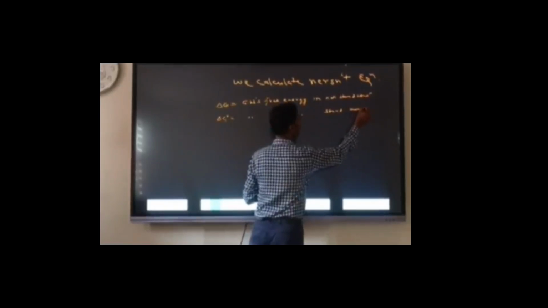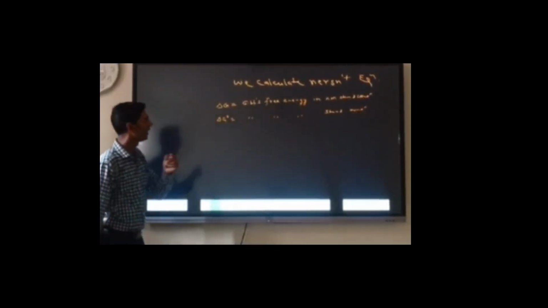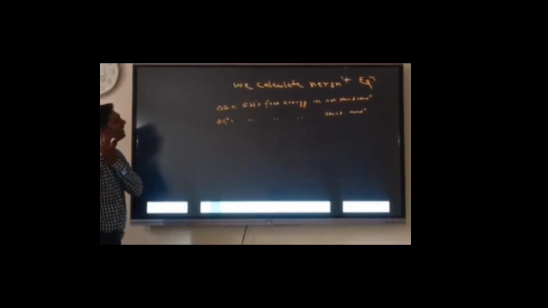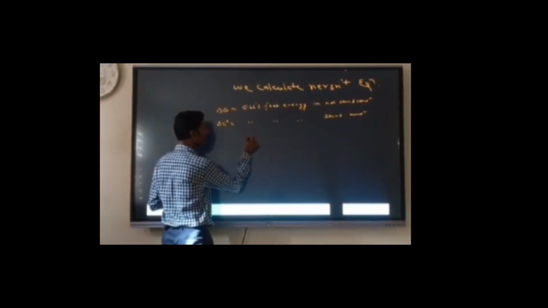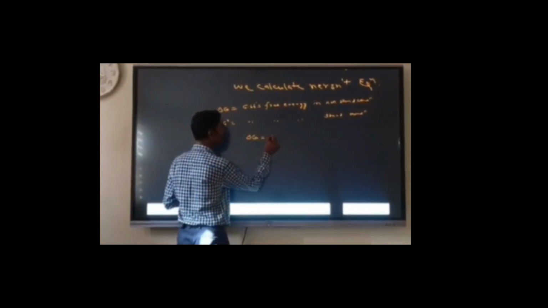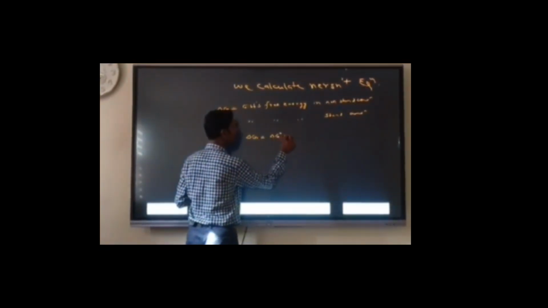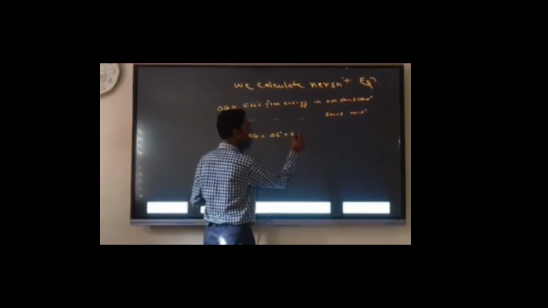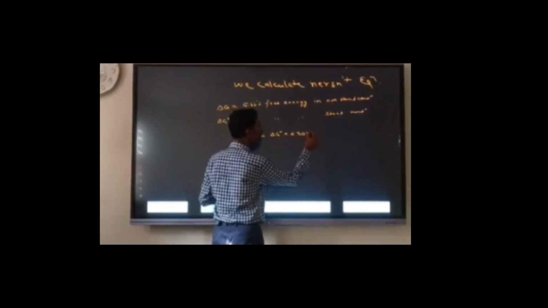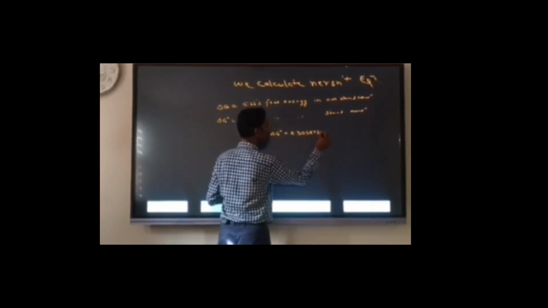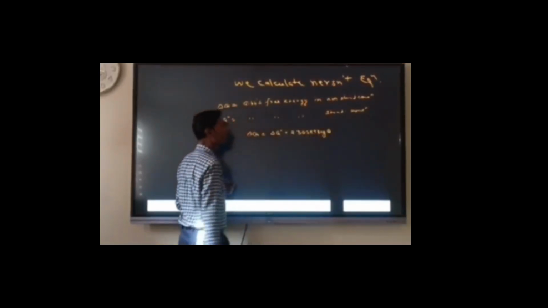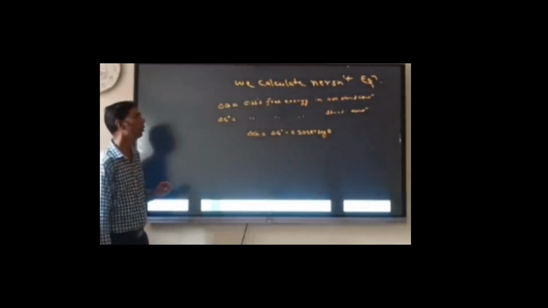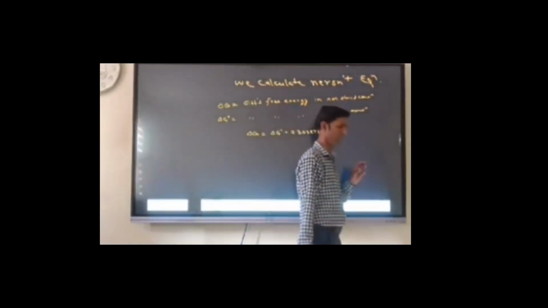Dear students, I think you are aware of the relationship between del G and del G naught, which is del G equals del G naught plus 2.303 RT log Q. Here Q is the reaction quotient for the given reversible reaction.